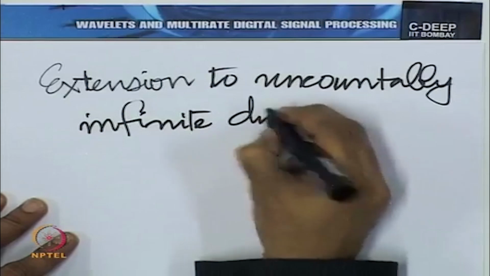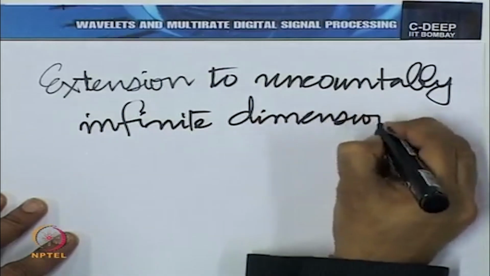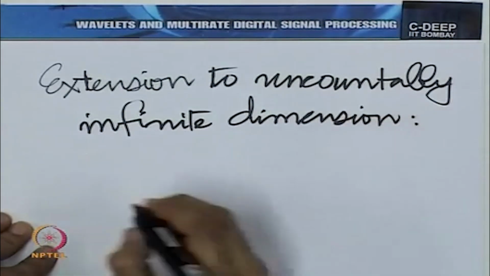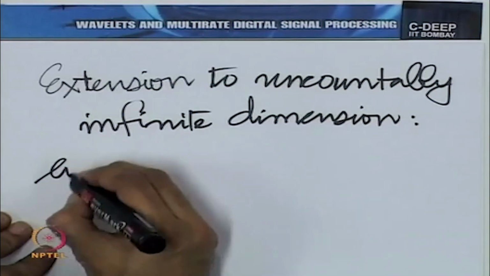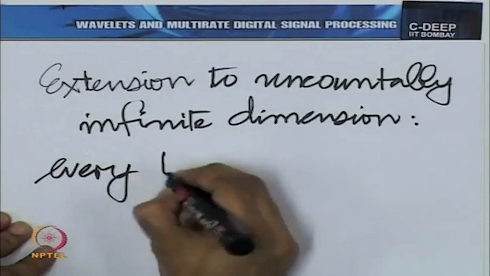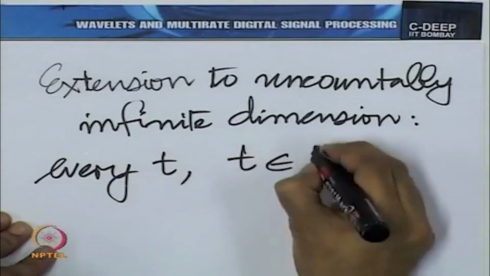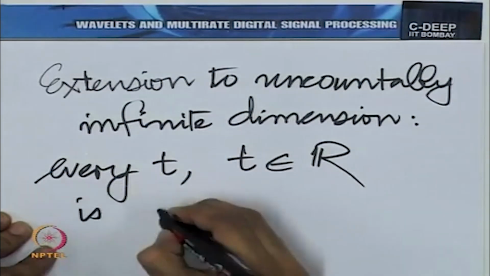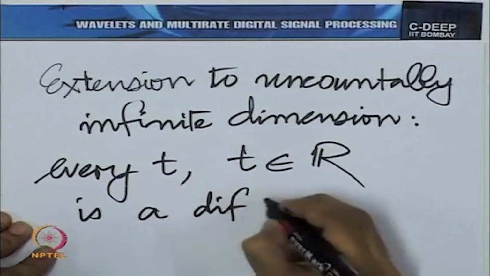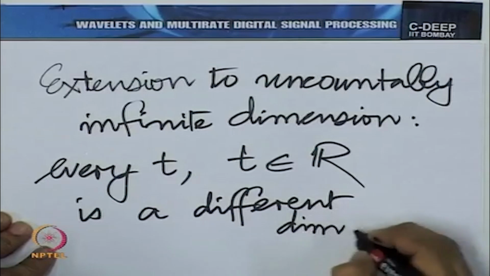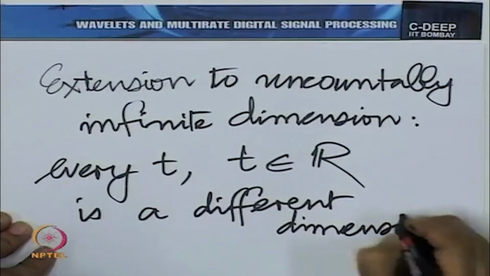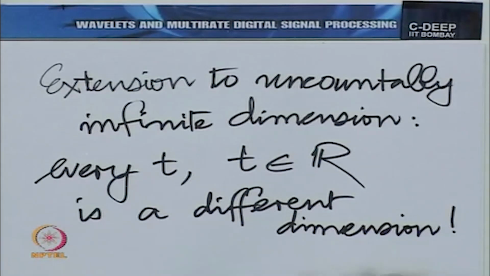Well, this is going to be very difficult in general, but very easy in particular if we simply accept that every t for real t is a different dimension. Simple.